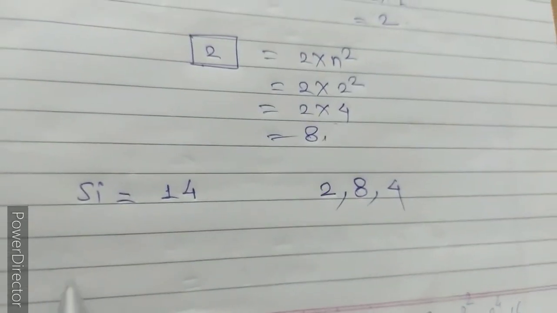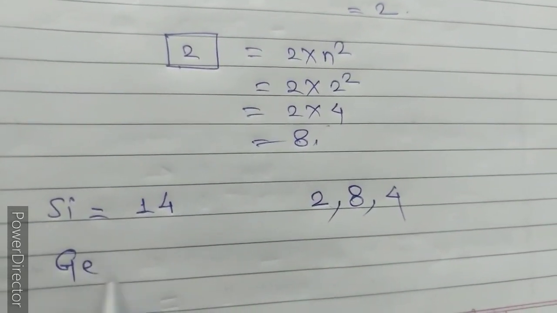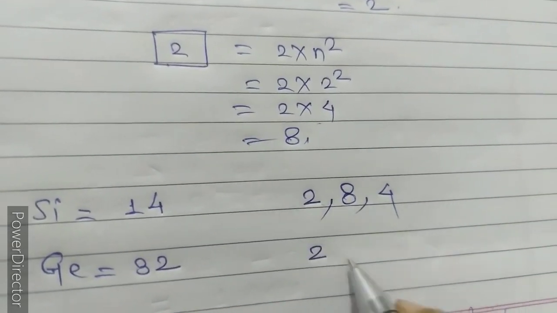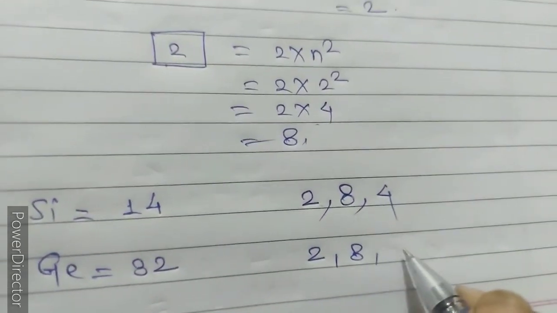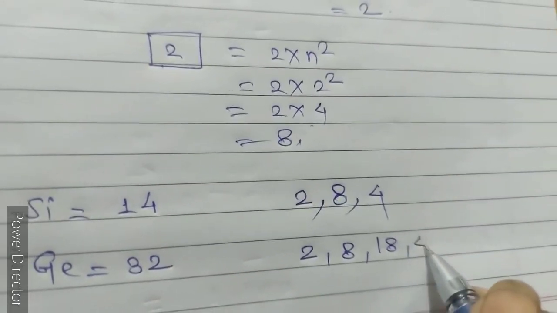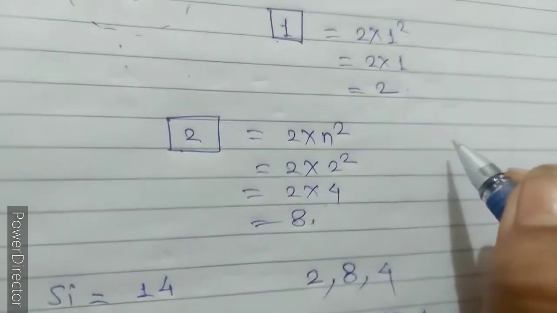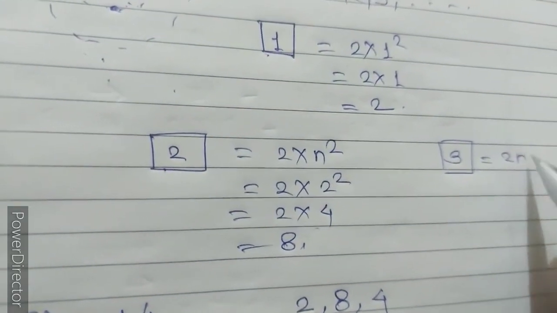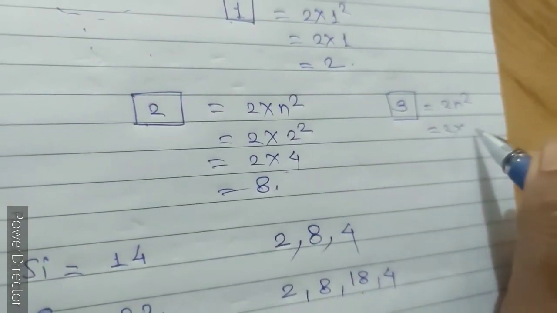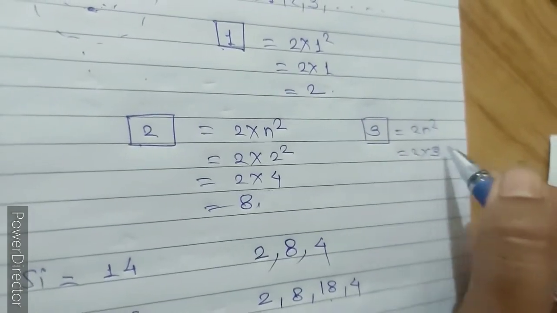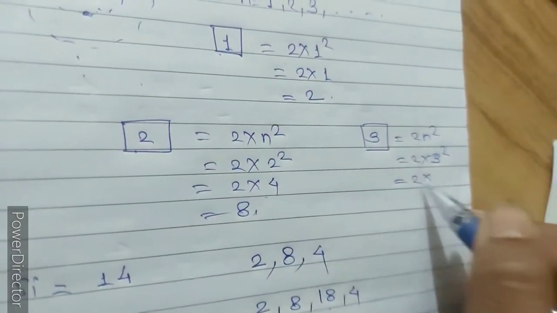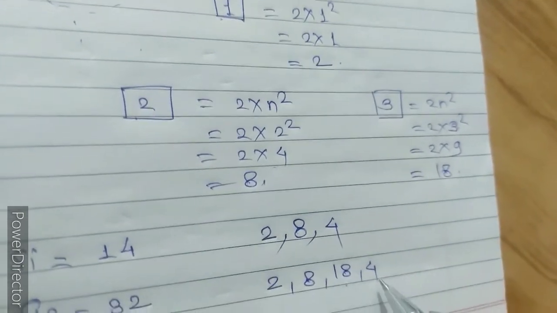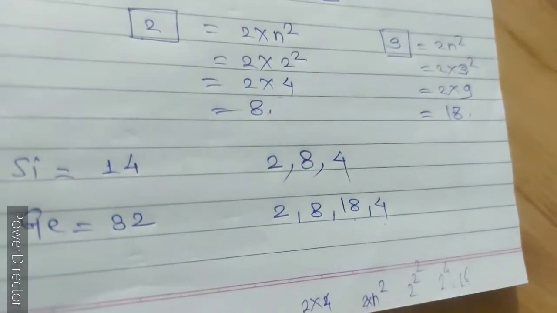For germanium, the atomic number is 32, so it will be distributed as 2, 8, 18 and 4. How does it become 18? For the third shell, 2n squared is 2 into 3 squared, 3 squared is 9, and 9 into 2 is 18. And the remaining is 4.